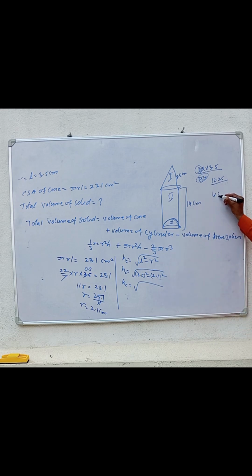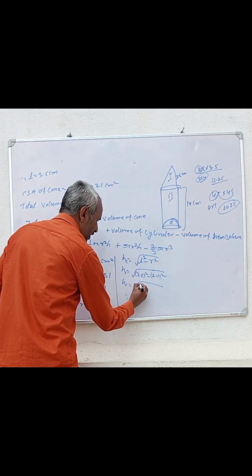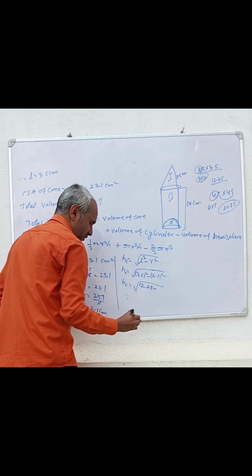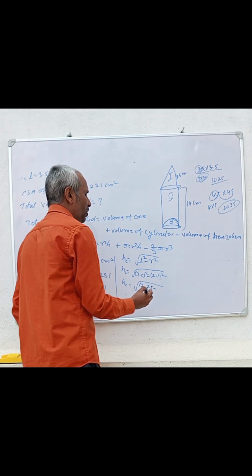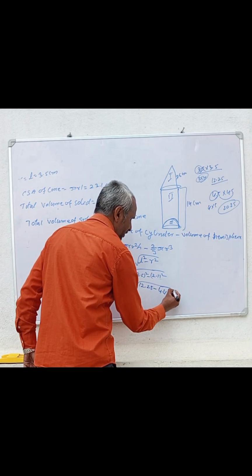Suppose we want to find 45 into 45: 5 square is 25, then 4 into the next number 5 is 20, so 45 into 45 is 2025. Like that, it becomes 12.25 minus, and 2.1 square is equal to 4.41.